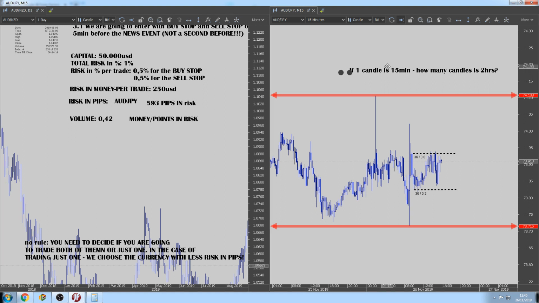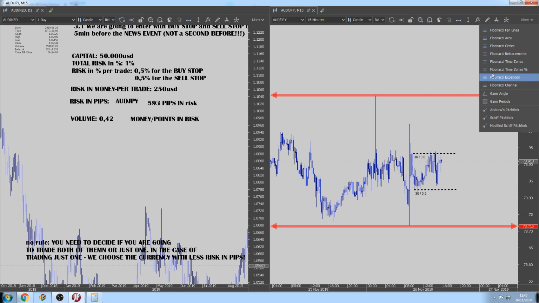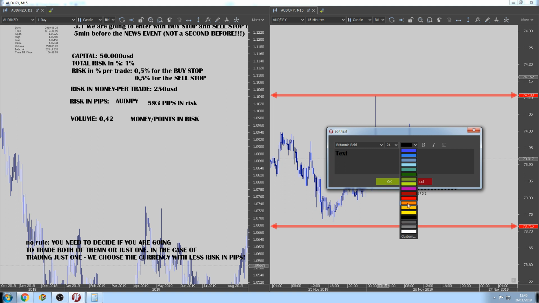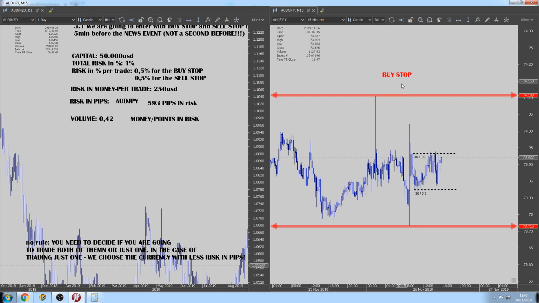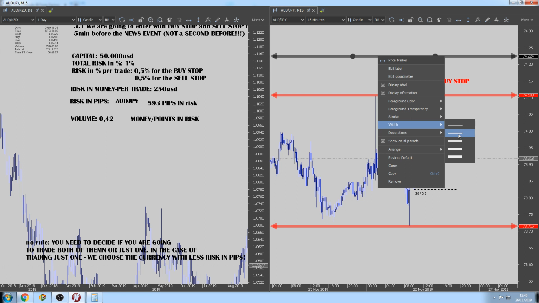So if I'm going to enter with the buy stop up in here, we're going to have a buy stop up in here, and we said 100, so let's draw it like this.